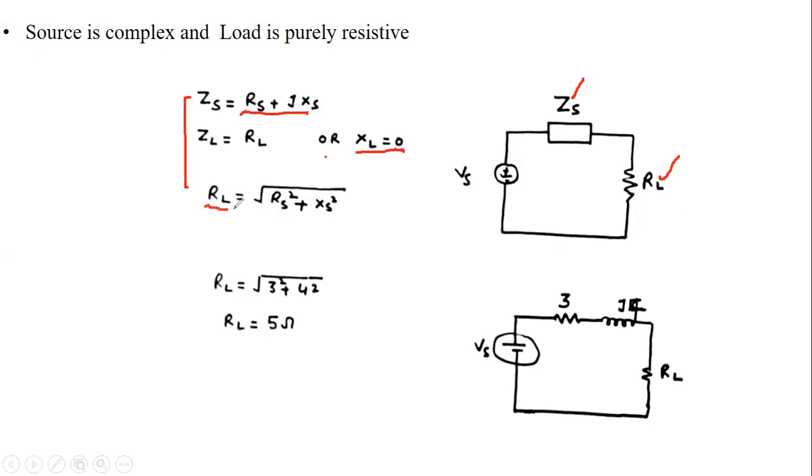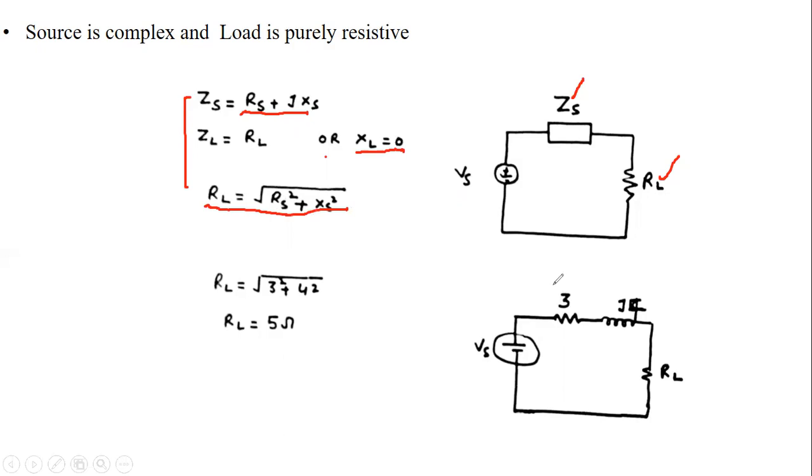For the maximum power transfer theorem, always remember RL should be equal to the magnitude of the input impedance. So the input impedance is the root of RS square plus XS square, real part square plus imaginary part square. Then the maximum power is transferred across the load.